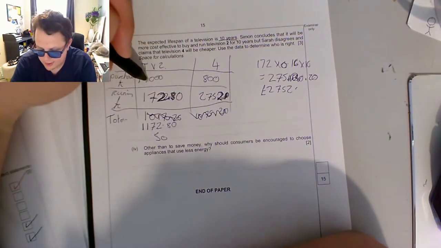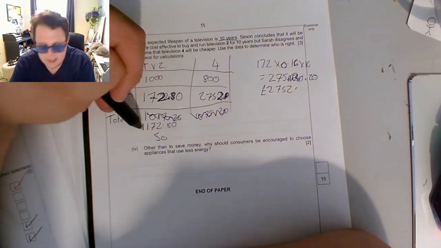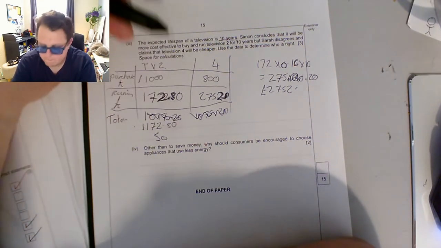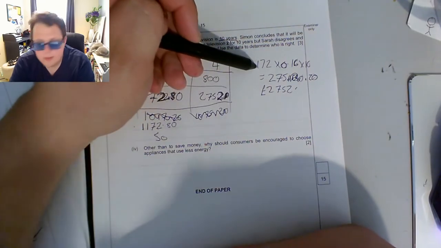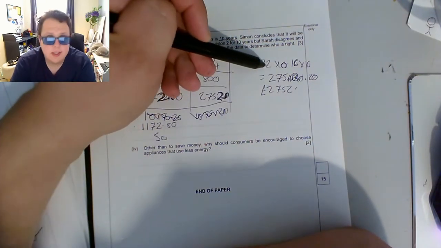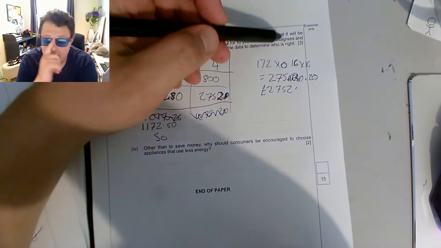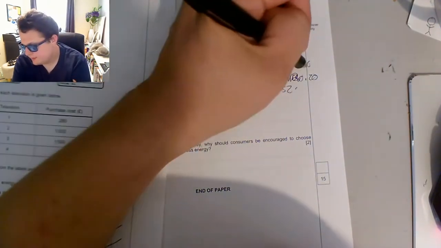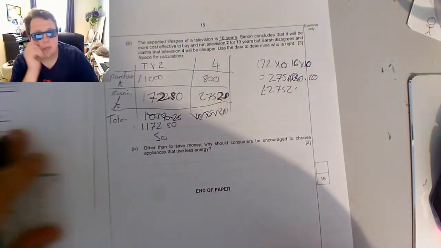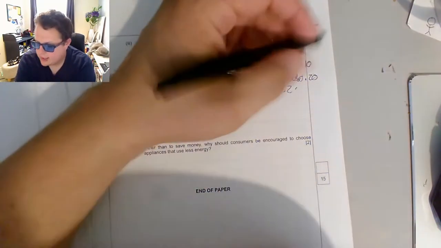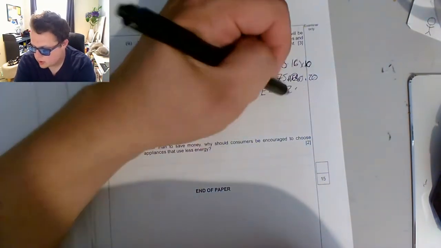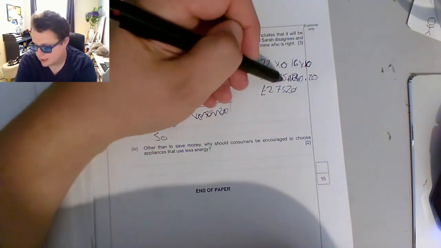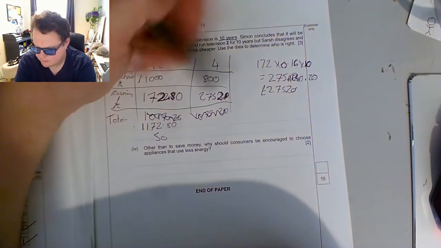So this gives us the total cost for TV2 is £1,172.80. Now TV4, its energy in the year is 172 units, times 0.16, times by 10 for the 10 years, and this gives us a total cost, put the decimal place back in the right place, of £275.20.